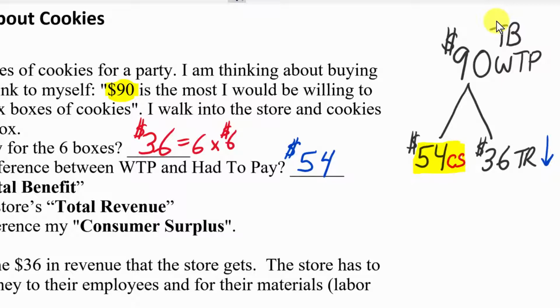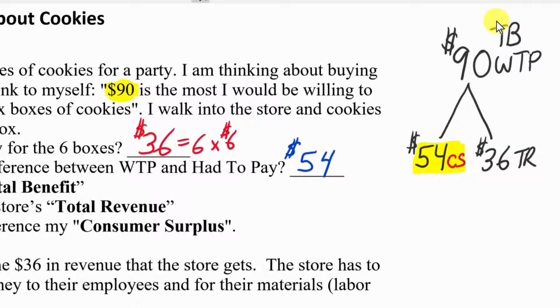That would make the difference between what I was willing to pay and what I had to pay higher. Or another way for that consumer surplus to go up would be if somehow I was willing to pay more for what I got. Maybe what I got was more valuable or higher quality somehow, right? That would make that consumer surplus go up. In other words, consumer surplus is a way to measure how well off consumers are.